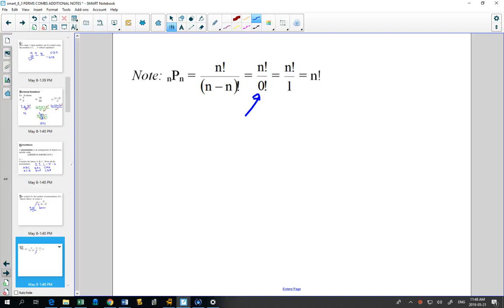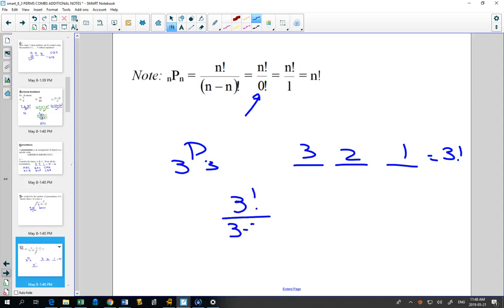So if you had 3P3, that's like 3 spaces starting with a 3, 3, 2, 1. It would equal 3 factorial. But according to the formula, you would have 3 factorial over 3 minus 3 factorial, which is 3 factorial over 0 factorial. And this is the reason why 0 factorial is equal to 1, so that it works in situations like this.